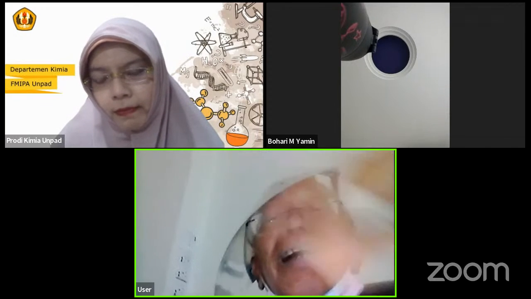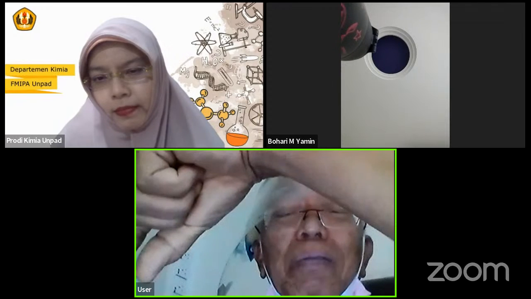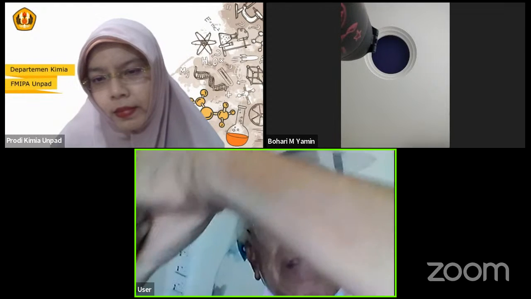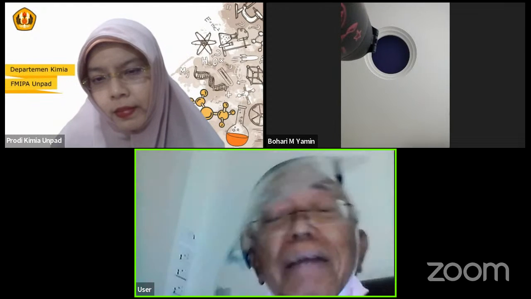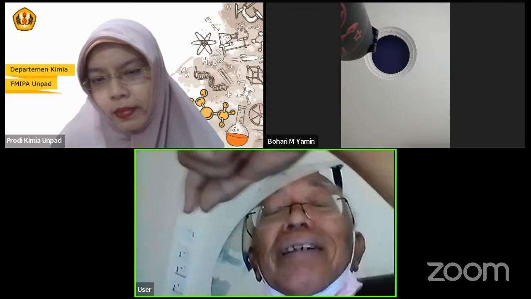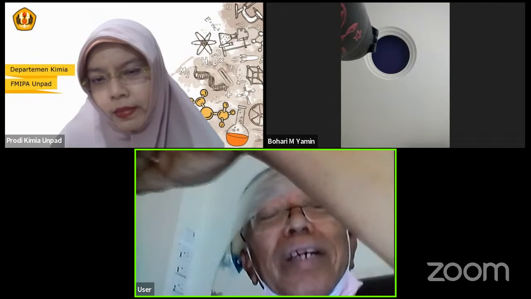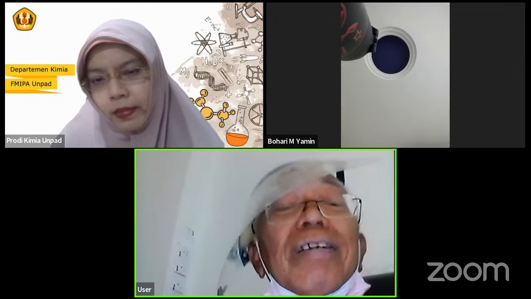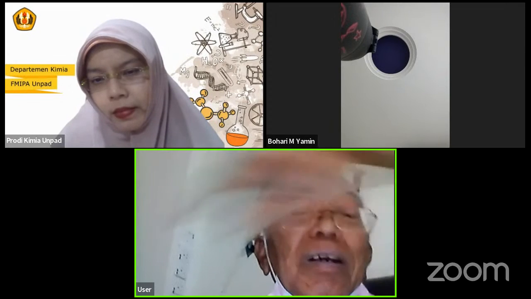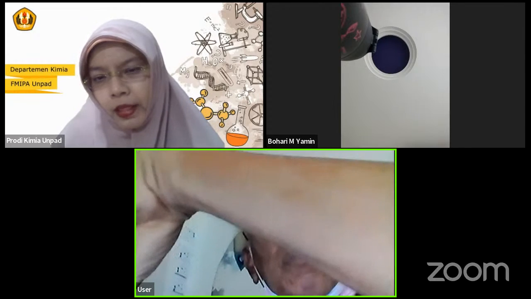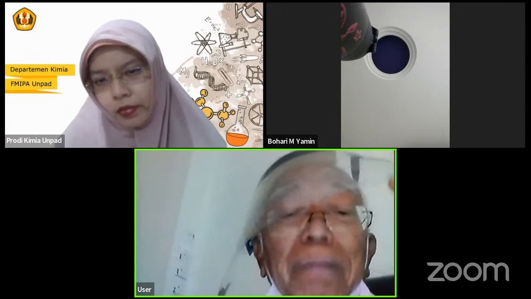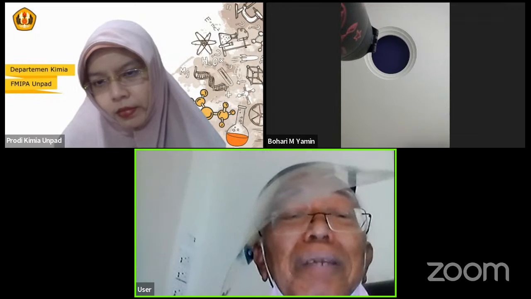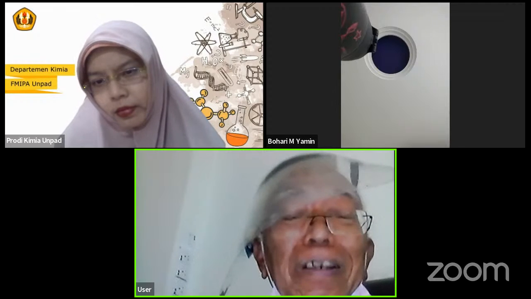And you can determine the concentration of the product. At the initial stage, the concentration of your product is 0. As time goes by, the product becomes more and more. So in a kinetic experiment, you can determine the reduction of your reactant concentration. You can determine the concentration of your product. That is for experiment. But for the scheme, the intermediate, no way, you cannot determine the concentration of the intermediate.